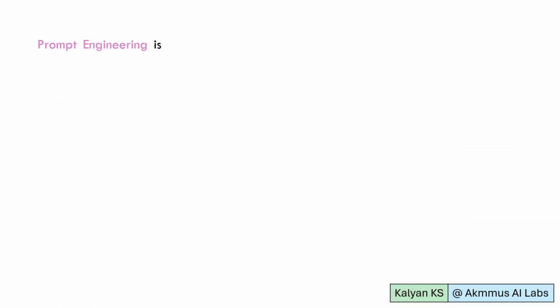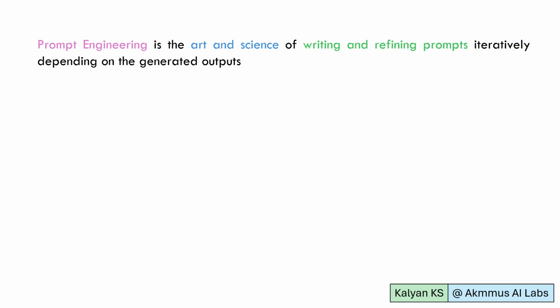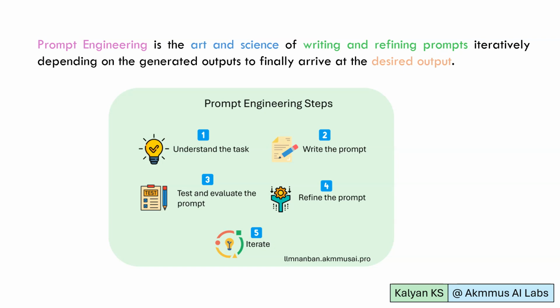Prompt engineering is the art and science of writing and refining prompts iteratively, depending on the generated outputs, to finally arrive at the desired output. Here's a typical workflow. First, you have to understand the task. Then, you have to write the prompt.